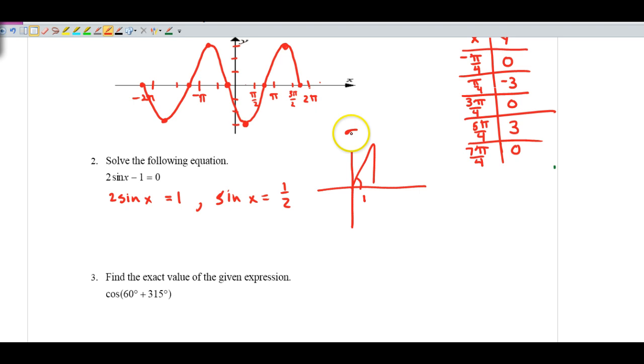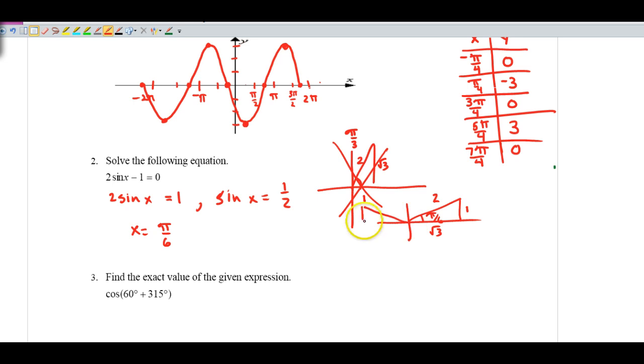Does it happen at pi over 3? I guess I'm wondering. 1, 2, root 3. Nope. Does it happen at pi over 6? I bet it does. So here's pi over 6. So the model is 1, 2, root 3. Now x is equal to pi over 6. It's also positive here.